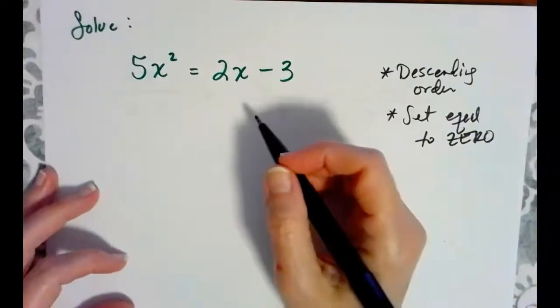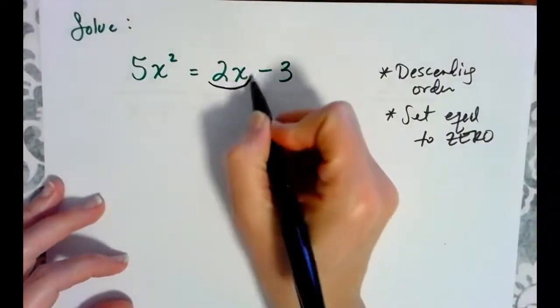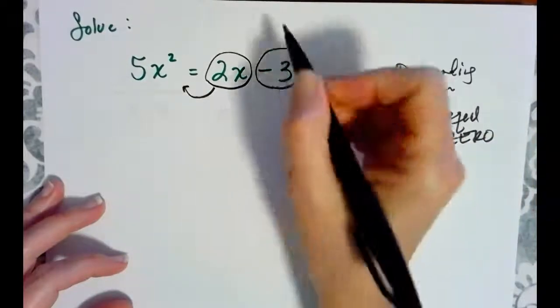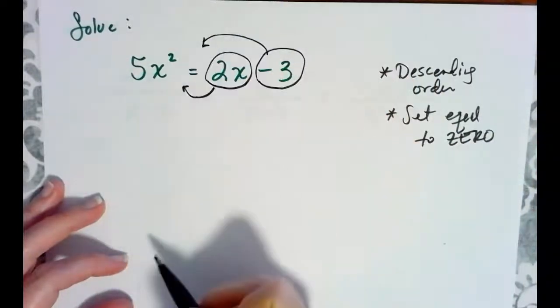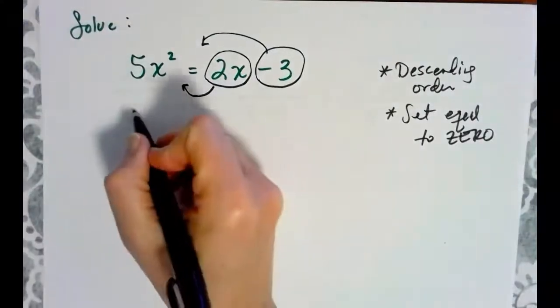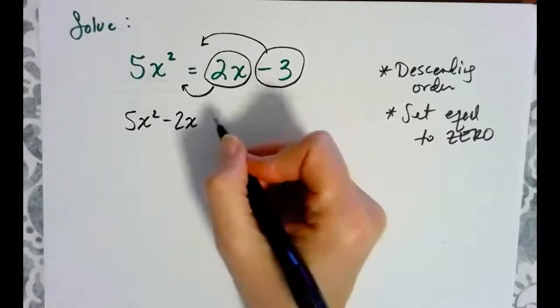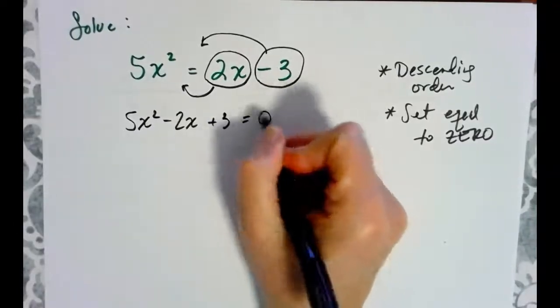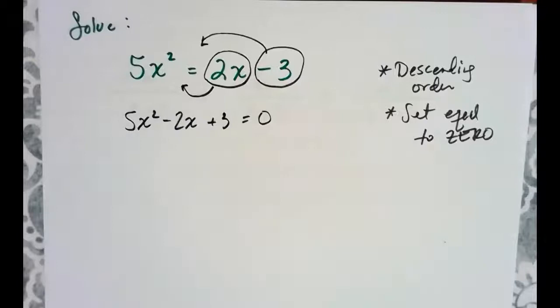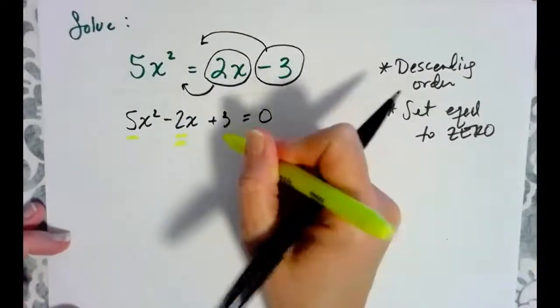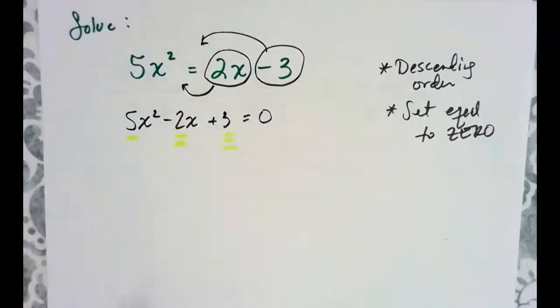So let's do that by moving the 2x from the right to the left and the -3 from the right to the left. So we will have 5x squared minus 2x plus 3 equals 0, which gives us our A value, our B value, and our C value.